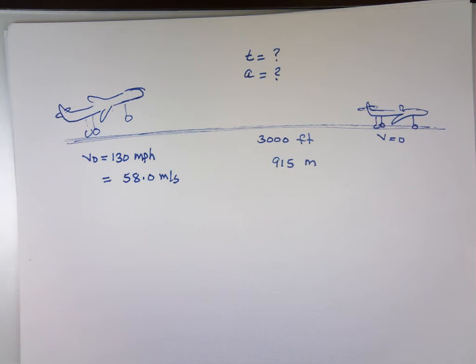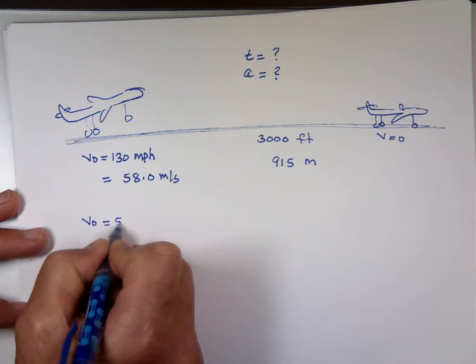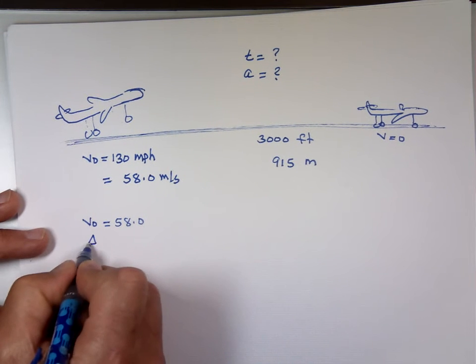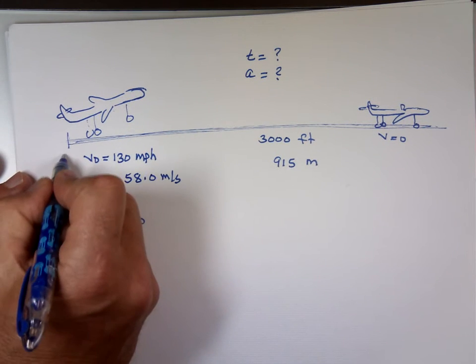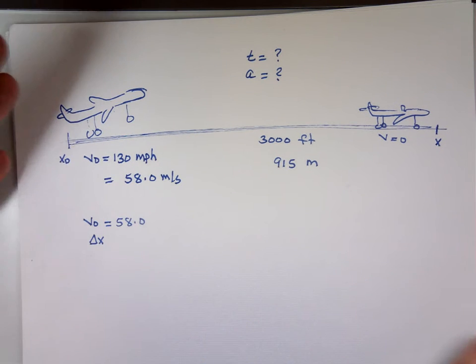So this is what we know. We know the initial velocity of the plane, 58. We know the distance, the change in x, that's the final minus the initial. If I use this as the initial, this is the final. The change in that is 915.